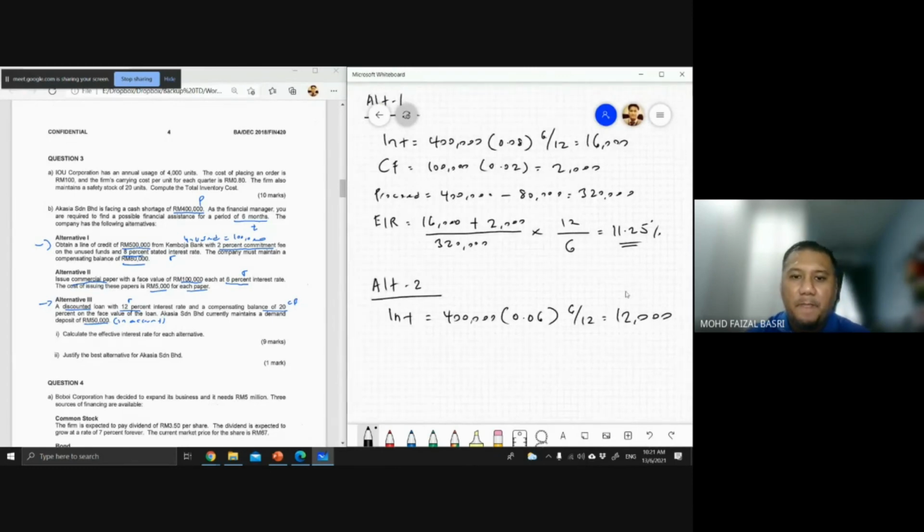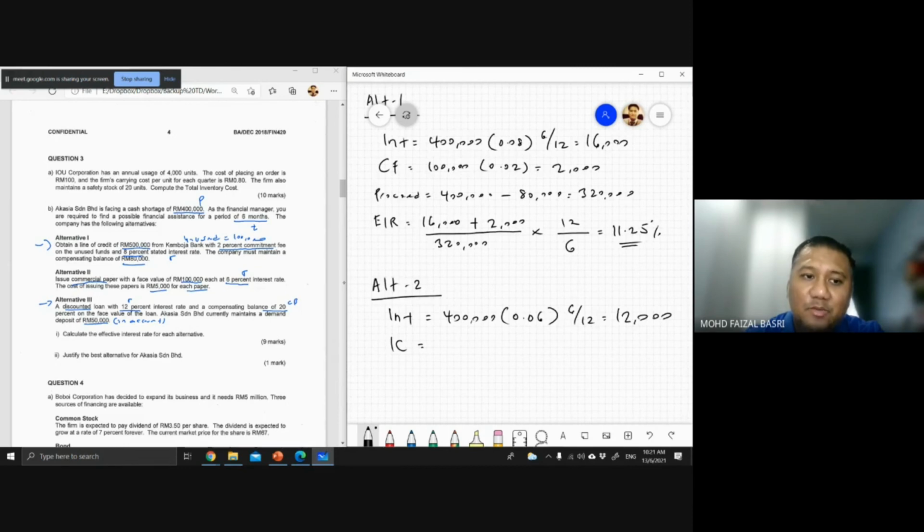And we have the issuing cost. Okay, for this question, the issuing cost is not given directly, it's not given as a total value. They just give you one piece of information. It's 5,000 for each paper. Okay, so meaning it's not just 5,000, because we know one paper is equivalent to 100,000.